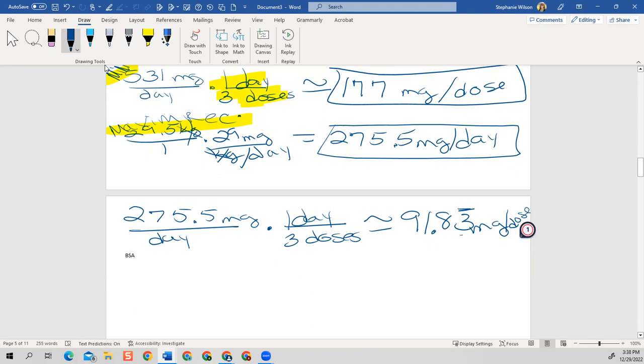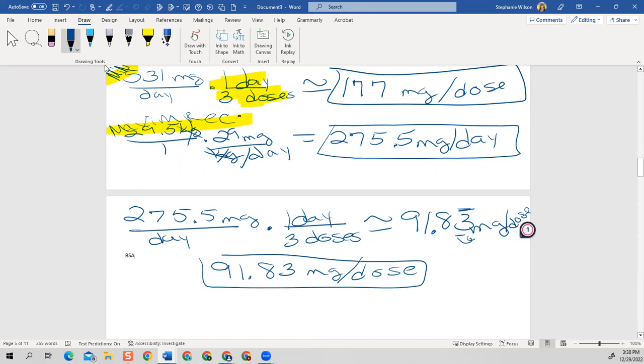So that is the second decimal place, and you look behind it. Well, if 3 is repeating, we know 3 is not larger than 5 or greater than 5. So it's just going to be 91.83 milligrams per dose. So this is my maximum per dose.